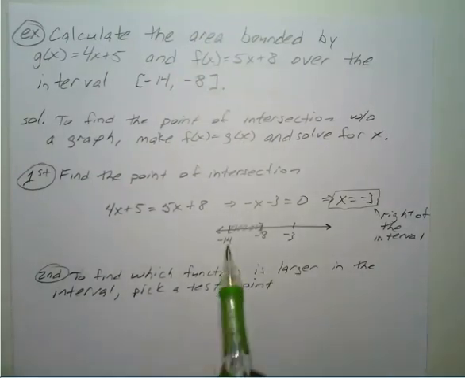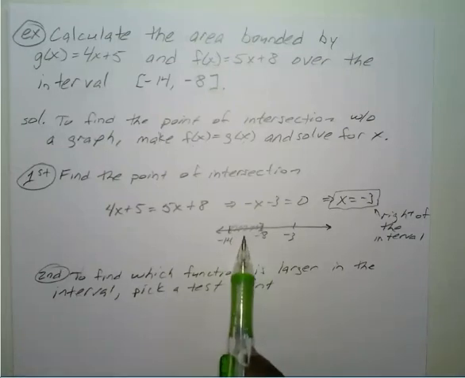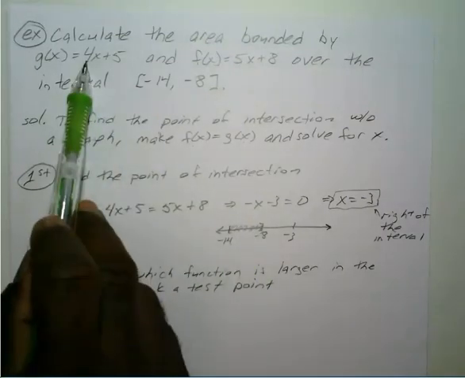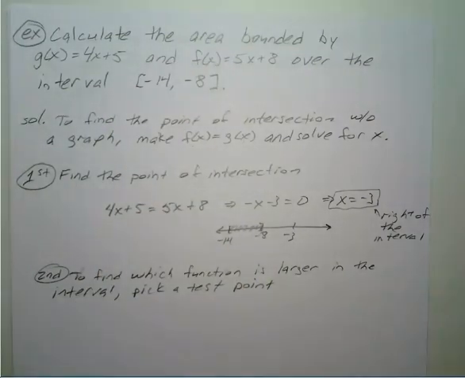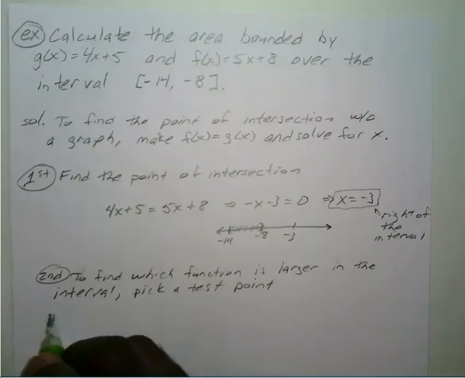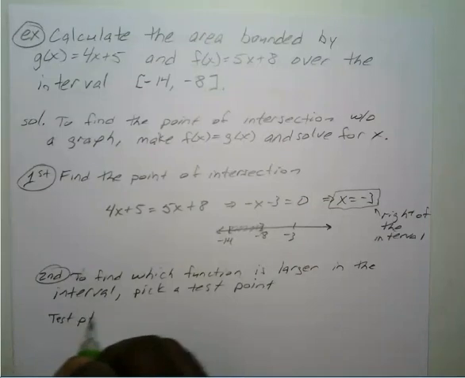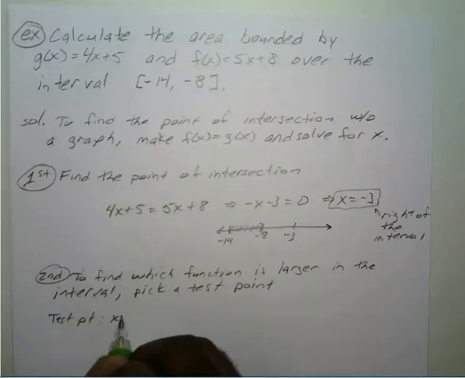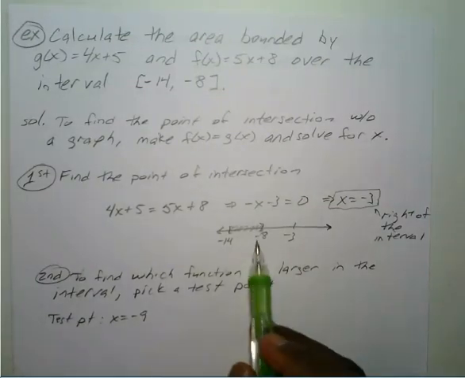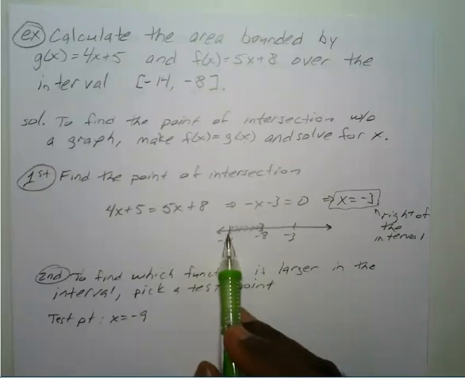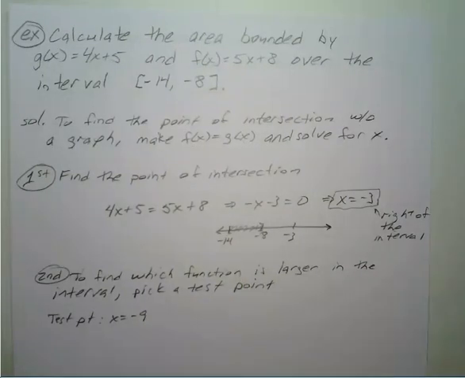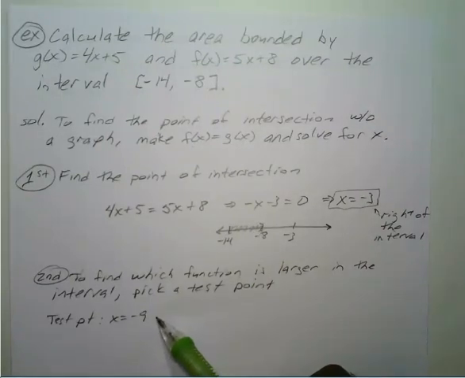You want to pick a test point inside the interval and plug that value into both your g of x and f of x and see which one's bigger. That's it. So I'll take the test point x equals negative 9. Again, you could pick negative 10, negative 13, or negative 13.9. It does not matter. I just picked 9 because it was random.